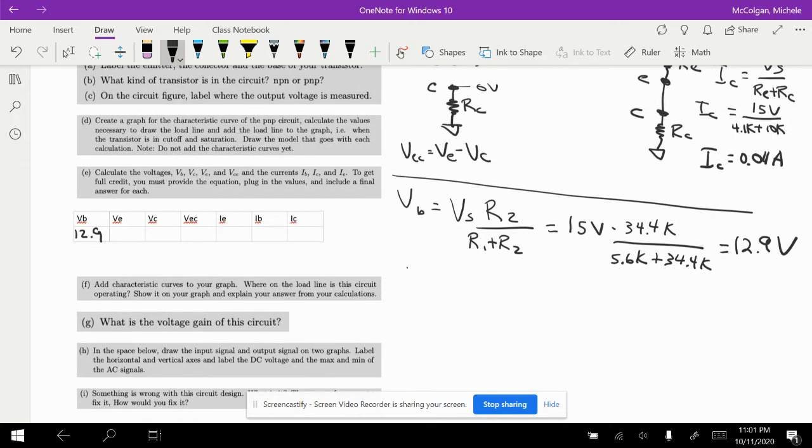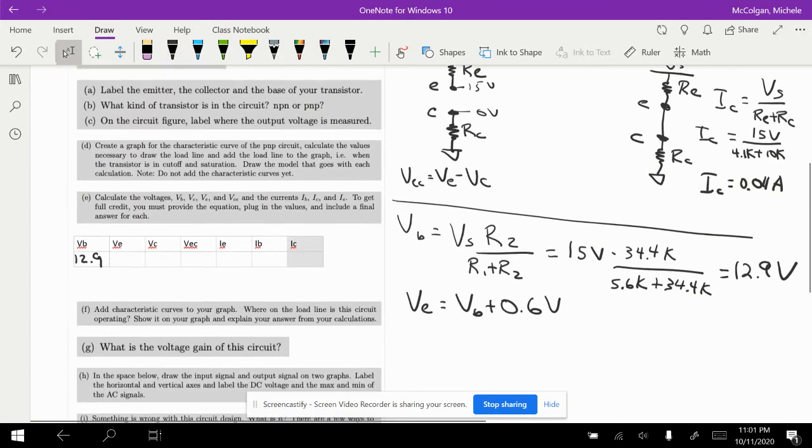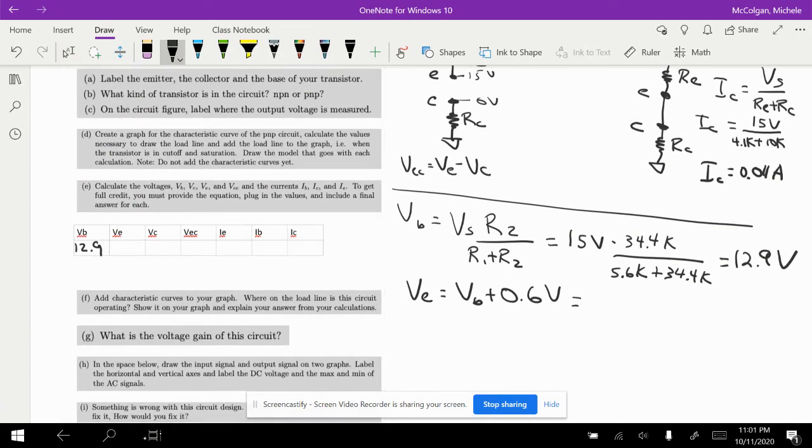So I've got VE is equal to VB plus 0.6 volts. Because remember, my VE is going to be at a higher voltage than my B because of following the arrow of the current. So my VE is going to be 0.6 volts higher. And so that means that my value is going to be 13.5 volts for VE.